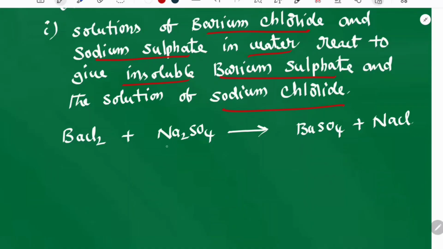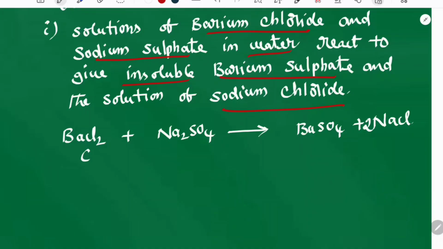Sulfate is common. Sodium and chlorine both are equal, so I'm starting with sodium. For Na2SO4, I just keep 2 NaCl. Yes, 2 sodiums are balanced. How many chlorines? 2 chlorines, here 2 chlorines. How many bariums? Remaining same.